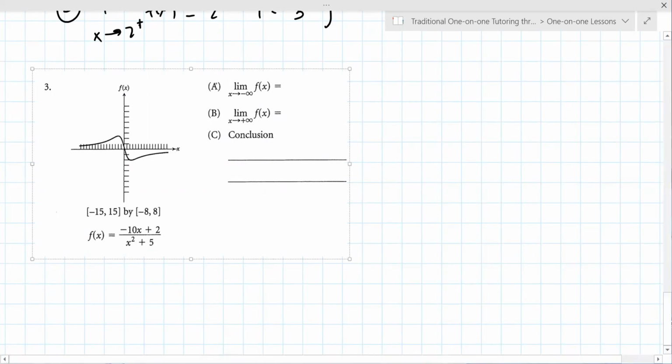Okay, 3a. This is the limit as x goes to minus infinity. So minus infinity is right there. It looks like it approaches 0. This basically approaches that value. And then as you go to positive infinity on the right, it also approaches 0. Because these aren't the same.